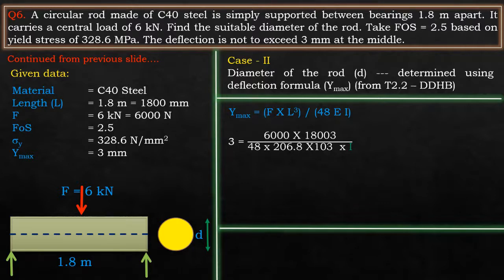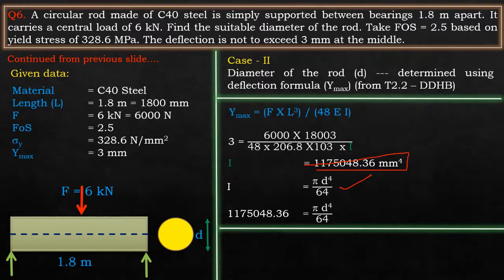After finding the value of moment of inertia, we'll be able to determine the diameter d. So by substituting all the values of Y maximum, F, L cube and E, we'll be able to determine the value of I. In this case, the value of I is obtained as seen in the figure. After getting this value of I, we'll use the equation I is equal to pi d power 4 by 64.